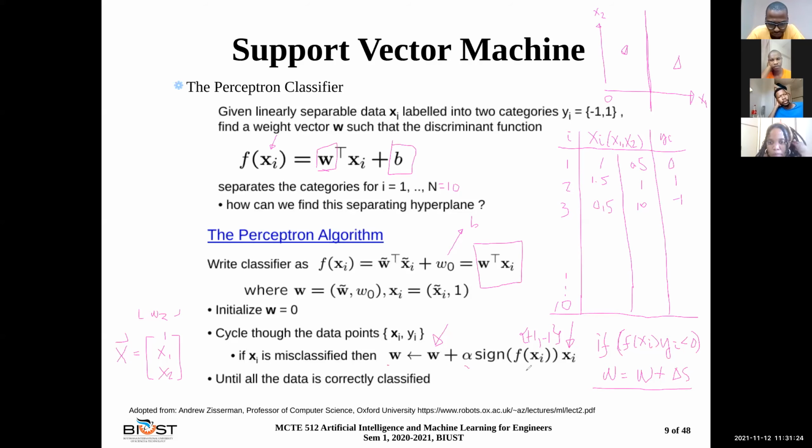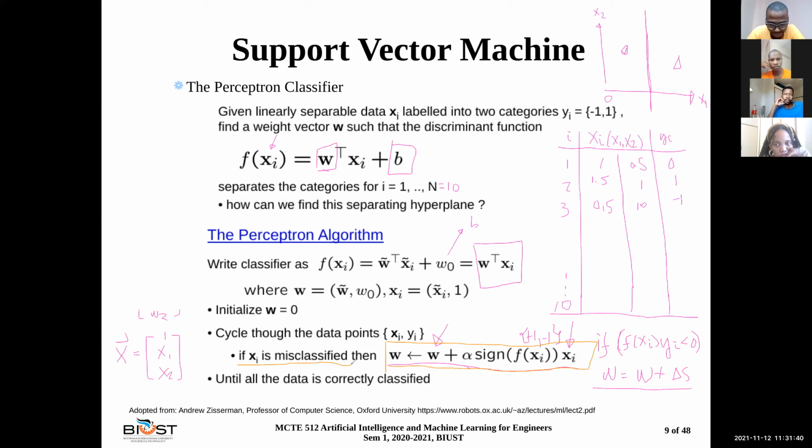We want to apply the update of the W when xi is misclassified. So you go through all of them and check the classification of f of xi.